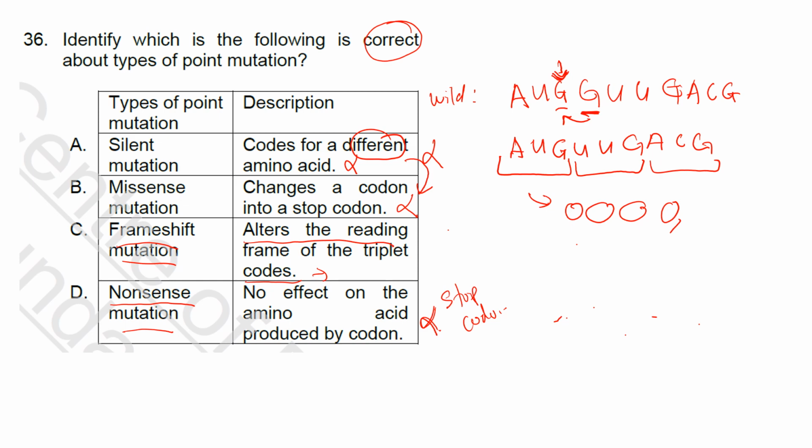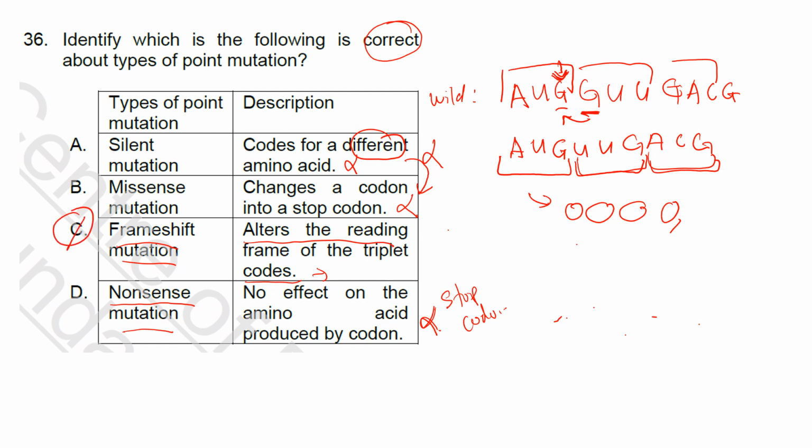As you can see, this is the original sequence, so it should read AUG, GUU, GAC, but due to the deletion, it will read differently and code for a totally different amino acid sequence along the polypeptide chain.